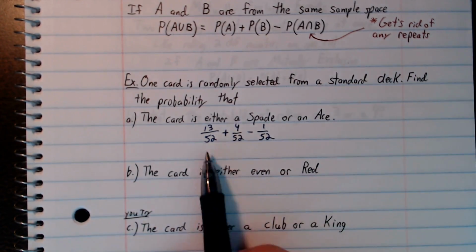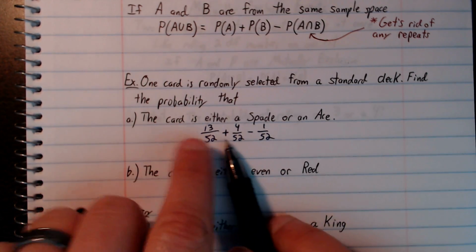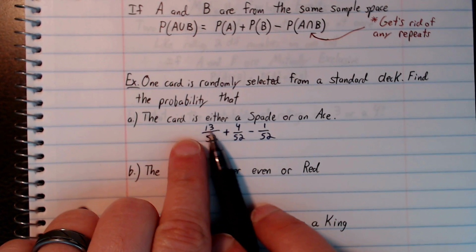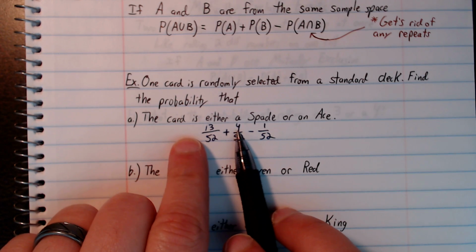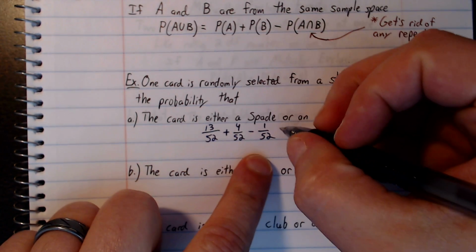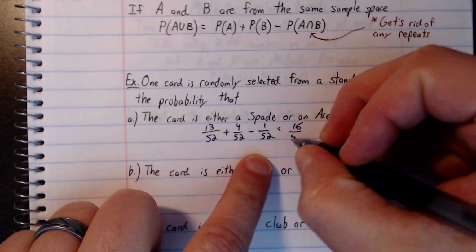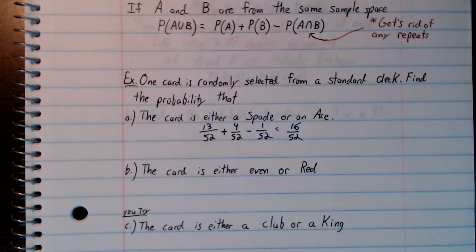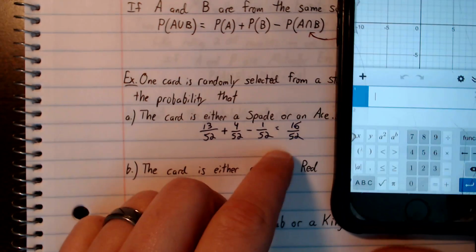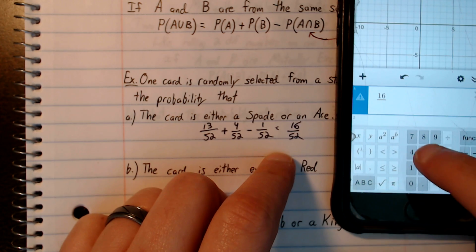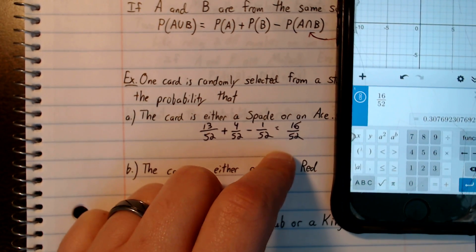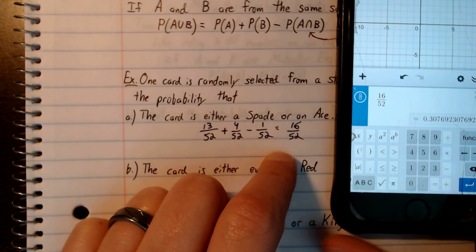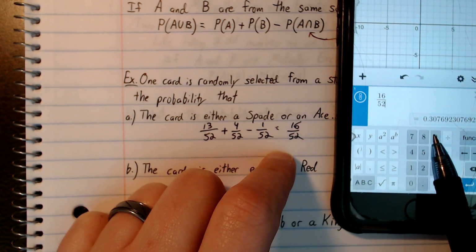Good news, these all have the same denominator, so we can just go straight across. 13 plus 4 is 17, minus 1 is 16. And then we just want to calculate that real quick. 16 over 52. It doesn't say what to round to, so let's do 3 decimals here. It'd be 0.308.